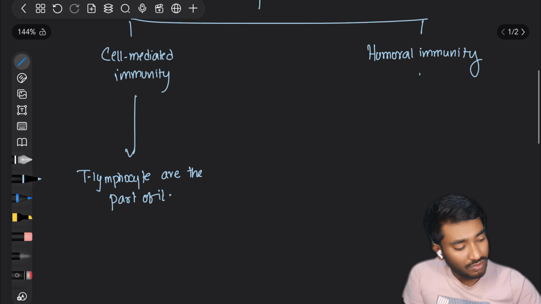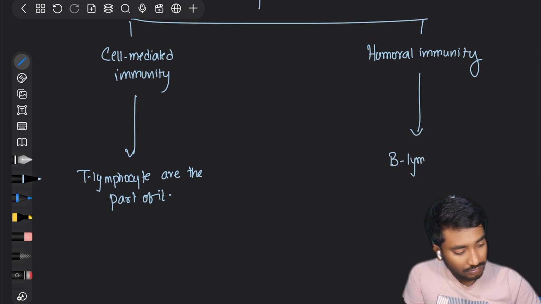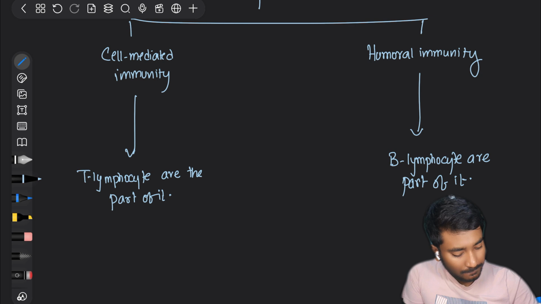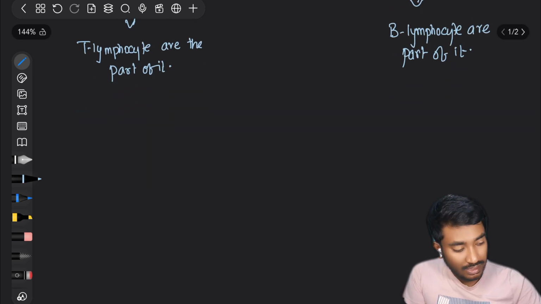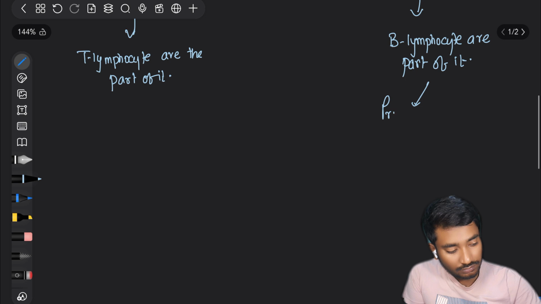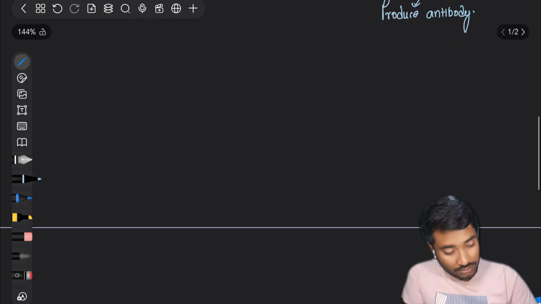And in the case of humoral immunity, B lymphocytes are a part of it, and the function of the B lymphocyte is to produce antibodies.